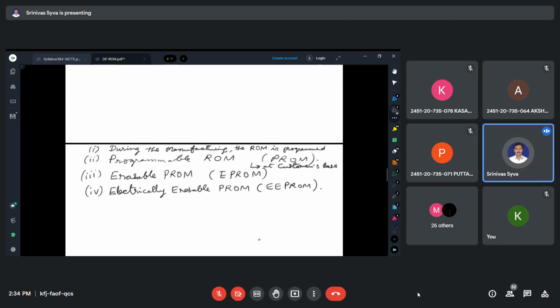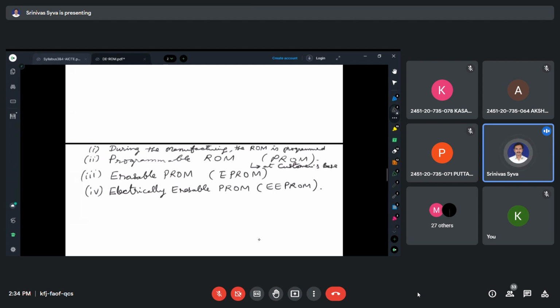And sometimes once the ROM is programmed, we cannot change the bit pattern. That is the basic fundamental characteristic of the read-only memory. But another type of programmable read-only memory is also available, that is erasable.